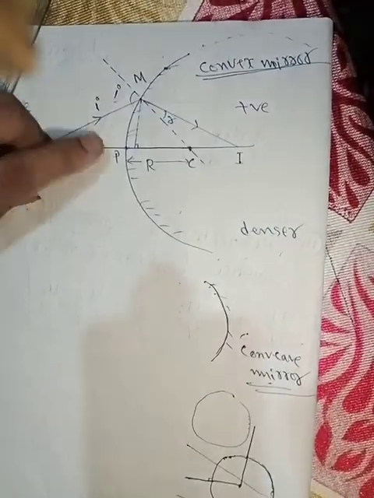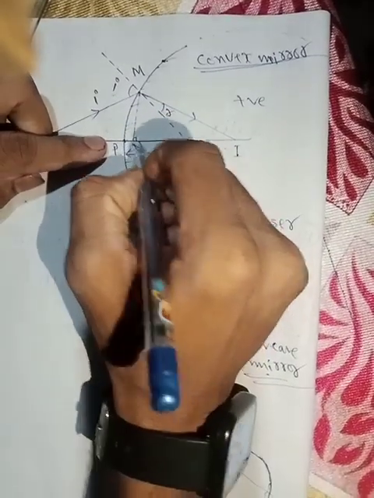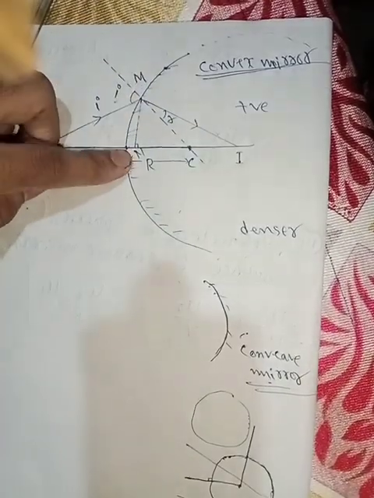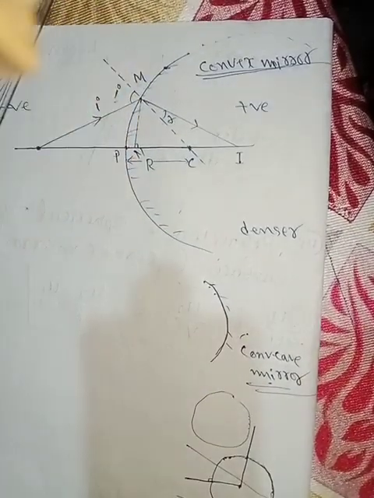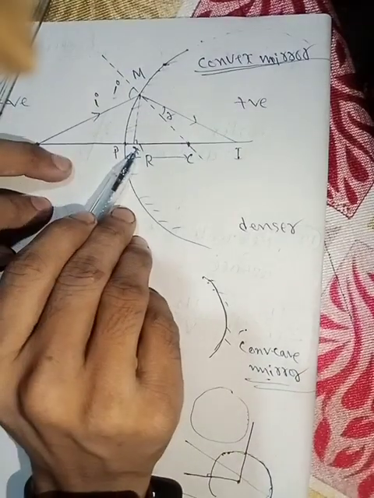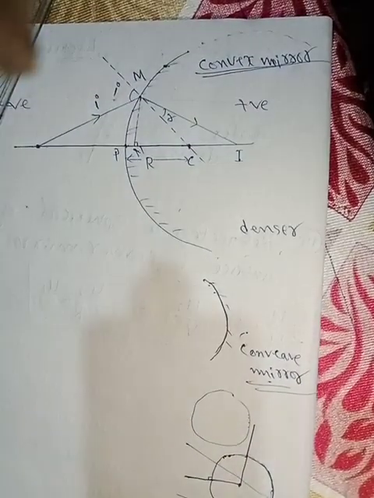Let's say this point is N. MN and MP are nearly equal, or you can say N and P are the same.